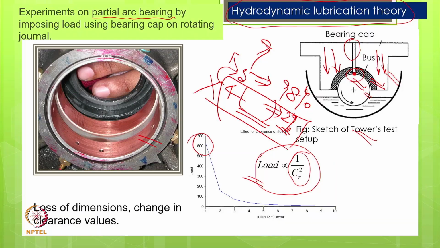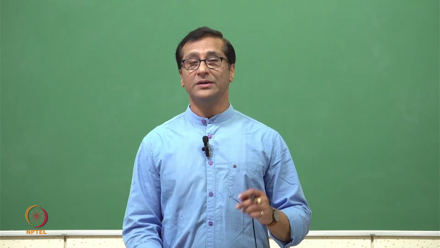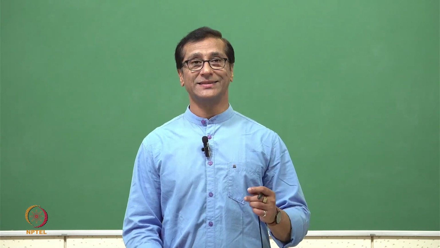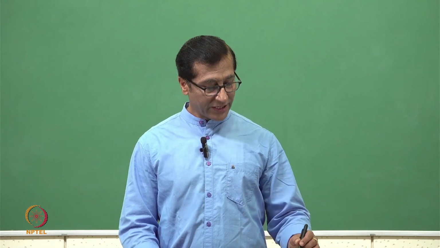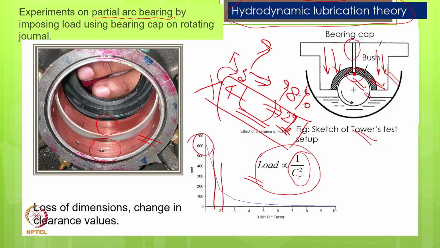Now, why have we shown this figure? The reason is that the bearing has worn out to some extent, and as the bearing wears out, naturally clearance will increase. If clearance increases, load carrying capacity decreases. That means if I initially have a load carrying capacity requirement of 1000 Newton, quite possibly after the bearing wears out, load carrying capacity comes down to 800 Newton, and with further wear it comes down to 600 Newton.